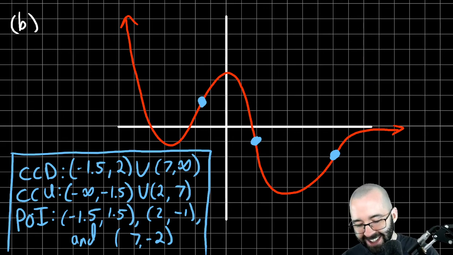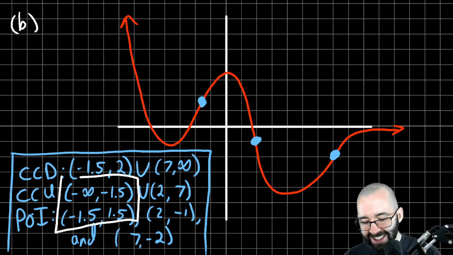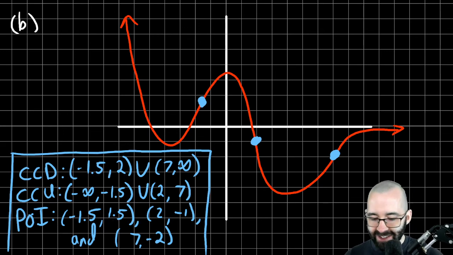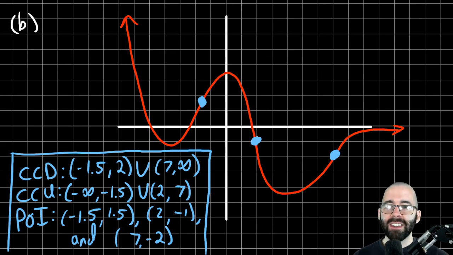It's the same thing with points and intervals. These two things look really similar, right? But the top one is an interval from negative infinity to negative 1.5. The bottom one is a point, negative 1.5, comma 1.5. So I don't like it probably any more than you do, but just be careful.